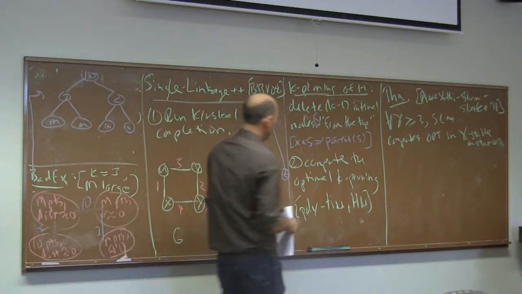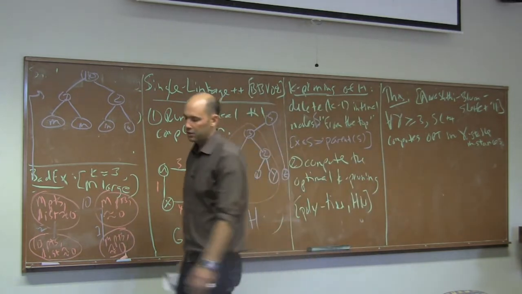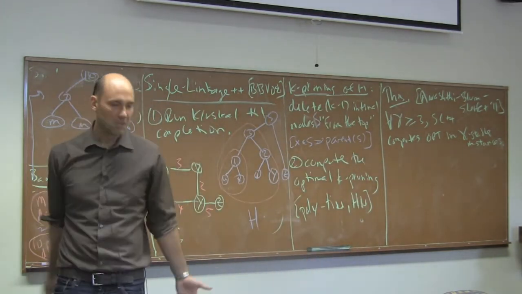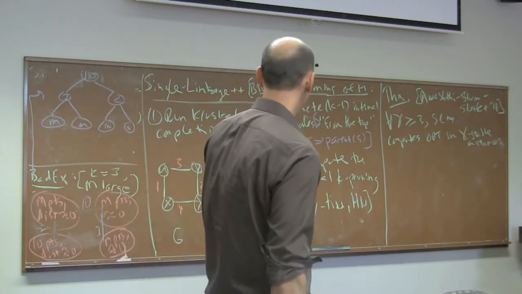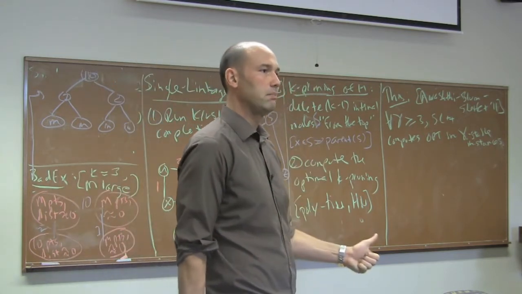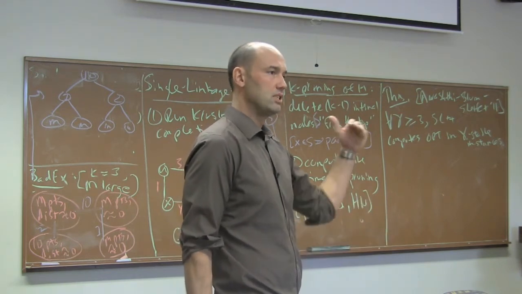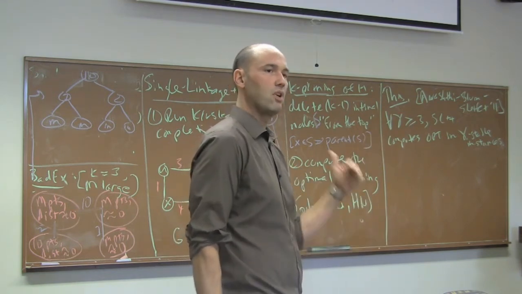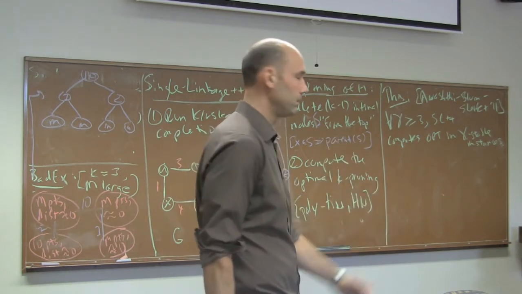You should be wondering, is this good or bad? Should I be impressed with this 3? The homework will have some material to help answer that question, but I'll tell you the punchlines now. First of all, this algorithm, single link plus plus, does not necessarily recover the optimum once gamma drops below 3. So as far as the analysis of this algorithm, gamma equals 3 is tight. It's the right answer.